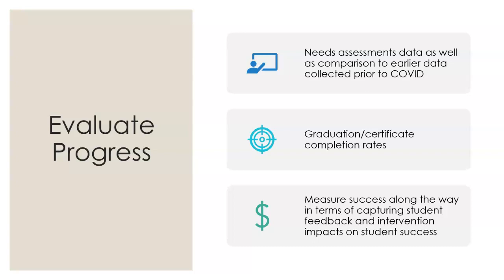Taking a look at graduation and certificate and course completion rates, taking a look at drop and withdrawal rates in students could also be an indicator as to whether this type of support is encouraging them, is able to act as a way to reduce a barrier to success and to graduation and completion. But measurement along the way is going to be very much determined on student feedback as well. So making sure that intervention and the impacts are driven by what students are telling us they need.